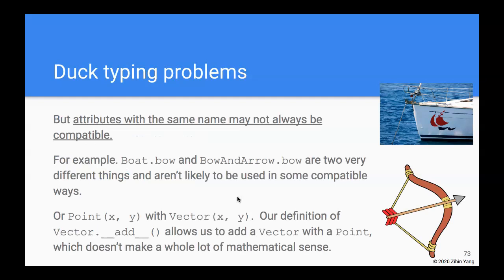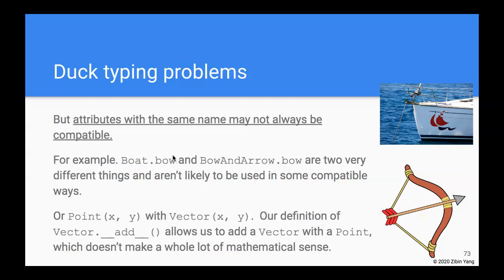However, there are cases in which the assumption that attributes with the same name are compatible with each other is false. So, for example, if we have a class boat and it has attribute called bow, B-O-W, and then we have a different class called bow and arrow, and it also has an attribute called bow.